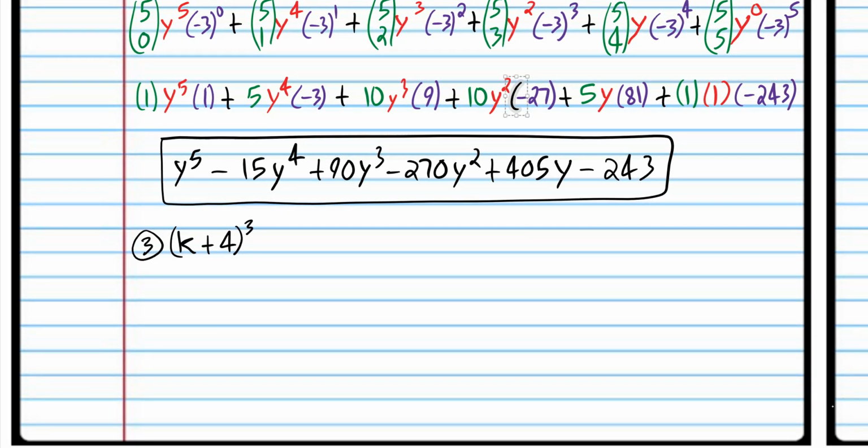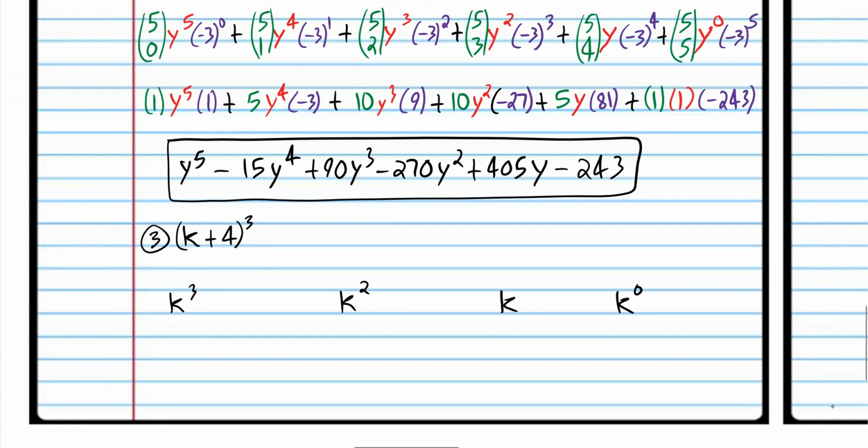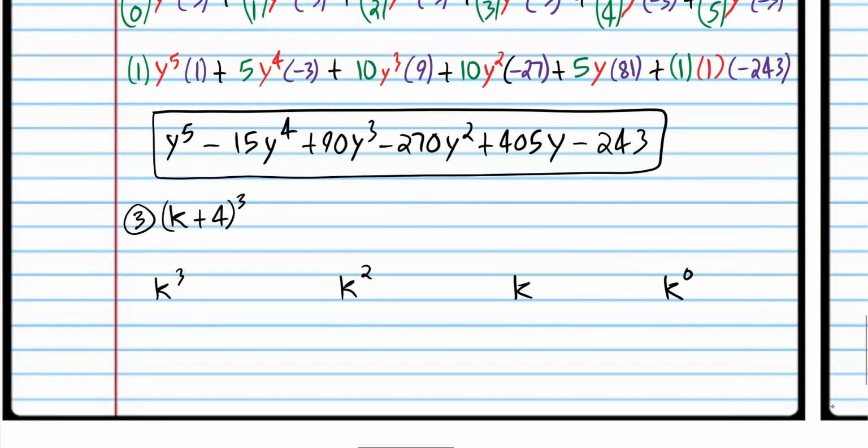So we don't have to deal with the negative symbol on this problem. We're going to start with k to the third power because we have a third power expansion. And then k squared, and then k to the 0 power. We probably don't need this much spacing, but I'm just being careful here.